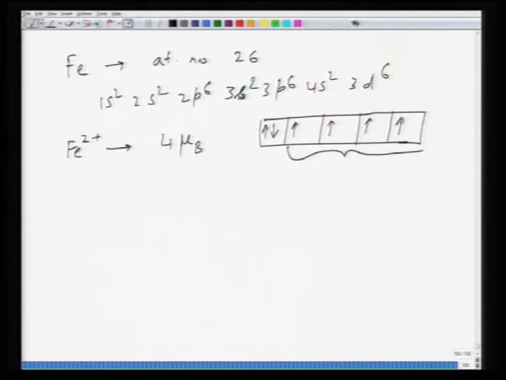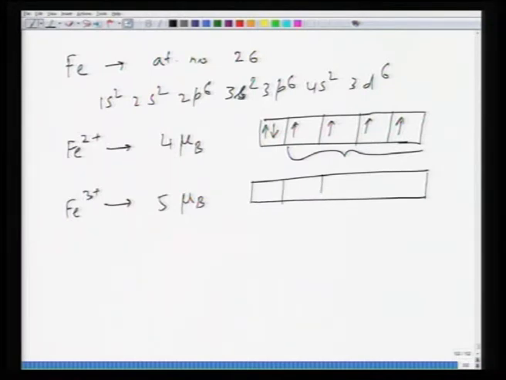And Fe3 plus likewise will give you 5 mu B, because you take off 2 s electrons and 1 d electron, left with 5 d electrons.